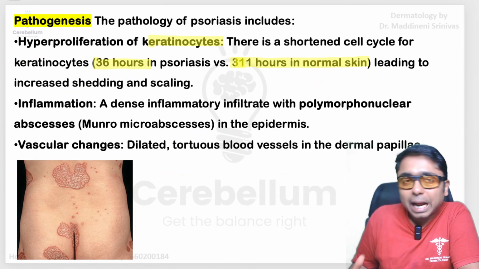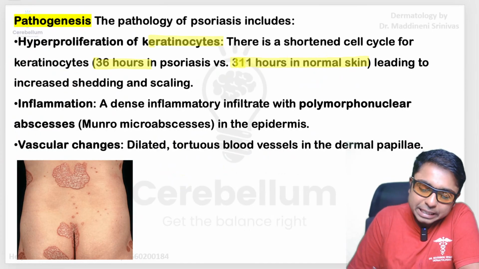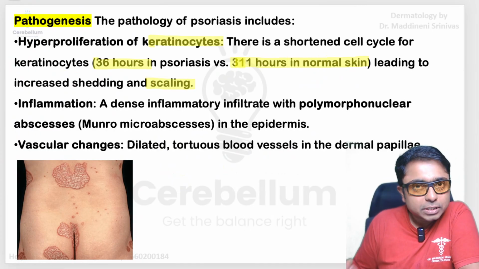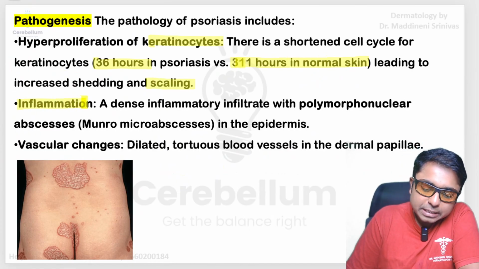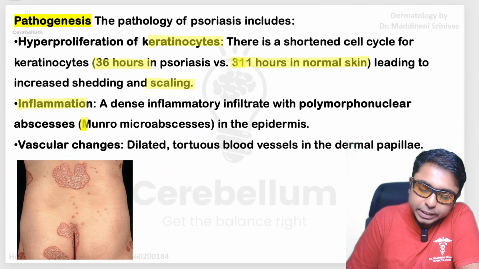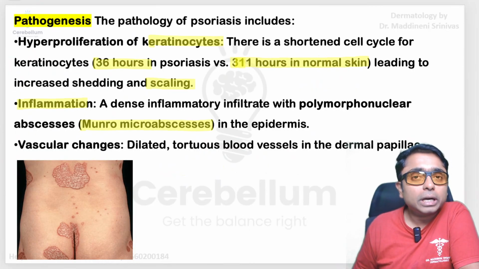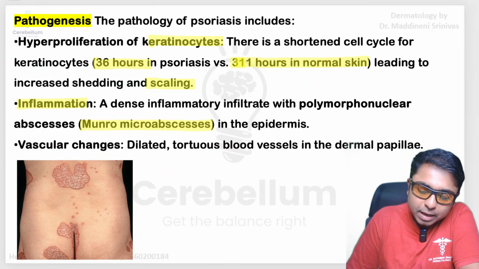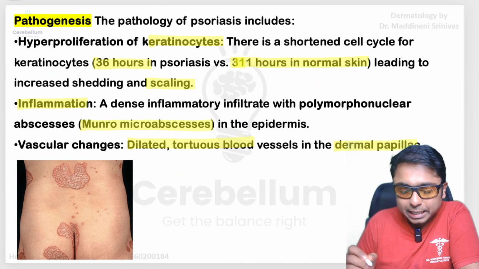So there will be rapid cell multiplication which leads clinically to visible mica like silvery white scales. And of course there is inflammation. There is a collection of neutrophils in the stratum corneum, which we call Munro's microabscess, and dilated tortuous blood vessels can be seen in the dermal papillae.